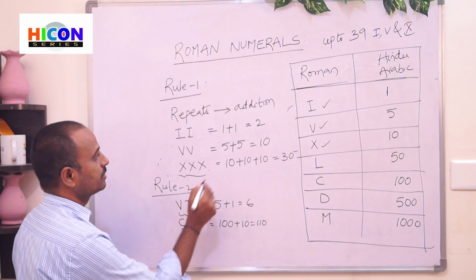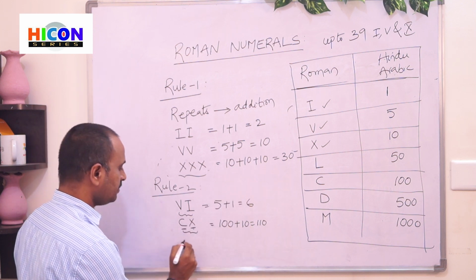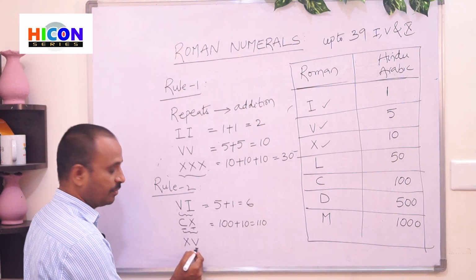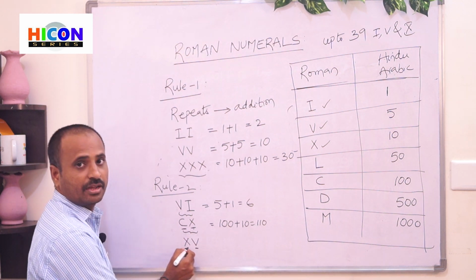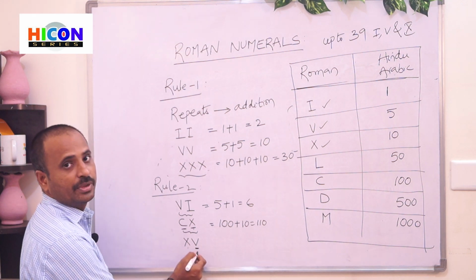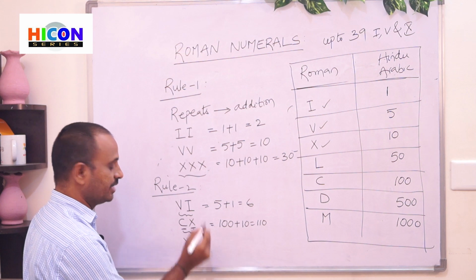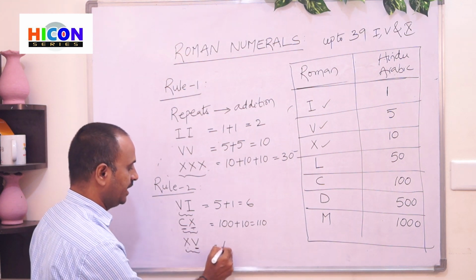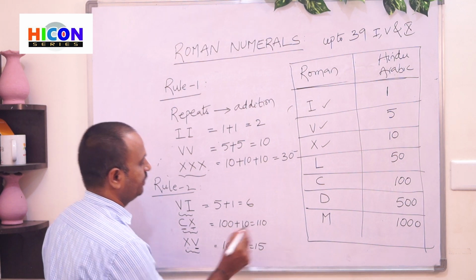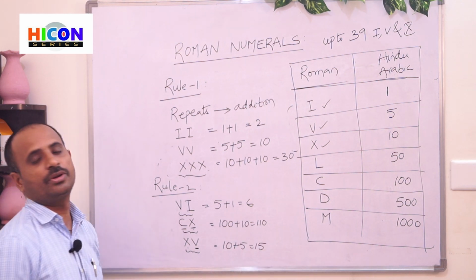So children, see another one, XV. Here V is the smaller value and X is the bigger value. The smaller value V is written on the right side of the bigger value, so we have to add these 2 symbols. X means 10 and V means 5, 10 plus 5, 15. So children, this is rule number 2.